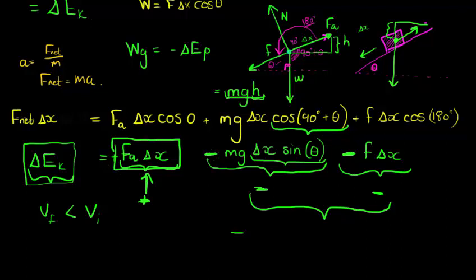So I can change this formula even more effectively, because I might not know what the net force is, but I might know that I have a mass and a certain acceleration.